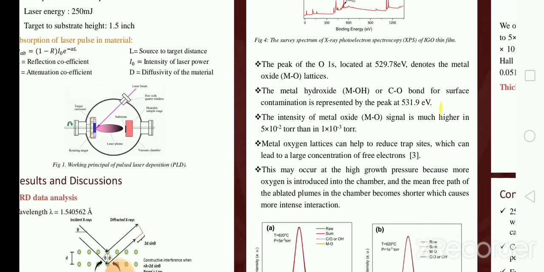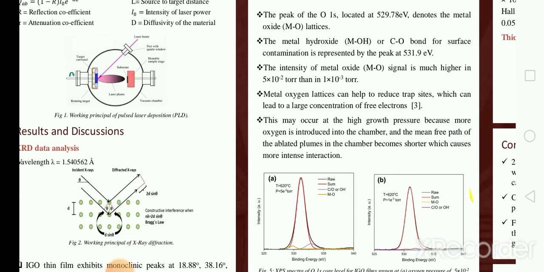If we look at figure 5, we can observe that the O1s peak is located at 529.78 electron volt, which denotes the metal oxide lattices. And the metal hydroxide or carbon-oxygen bond for surface contamination is represented by the peak at 531.9 electron volt.